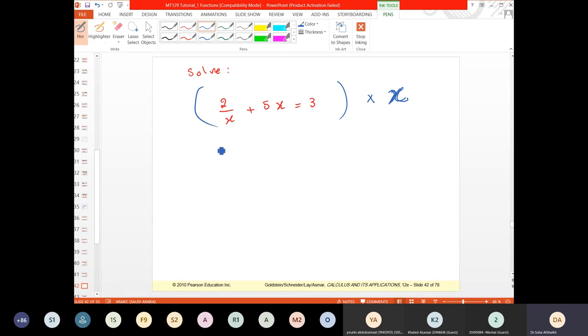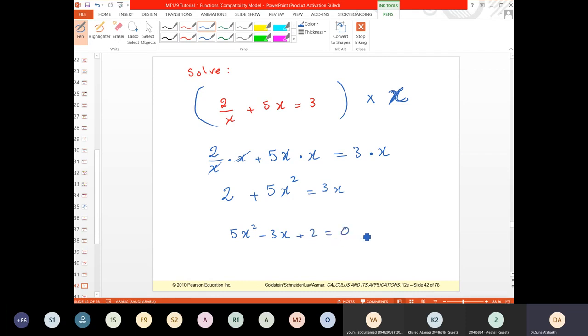If I multiply with x, this will be 2 over x multiplied with x plus 5x multiplied with x equal to 3 multiplied with x. Now x cancels x, so this is 2 plus 5x squared, and this equals 3x. We can combine things in one hand side: 5x squared minus 3x plus 2 equal to 0.